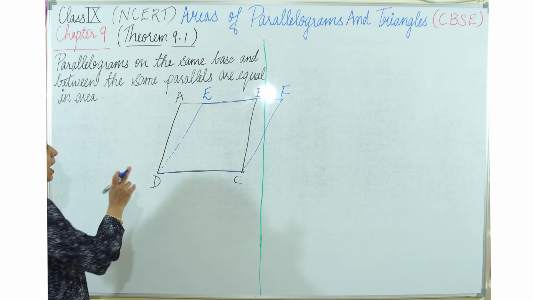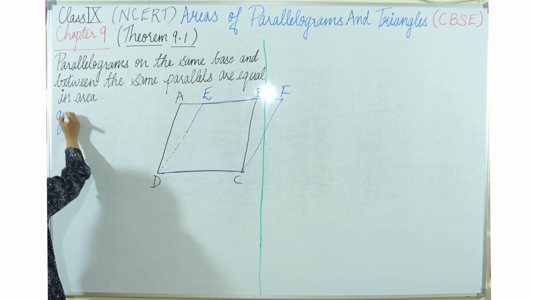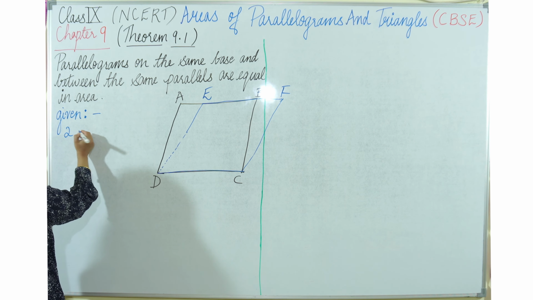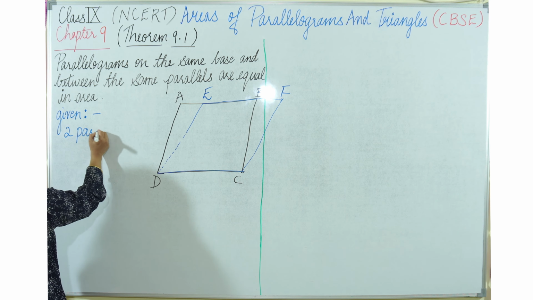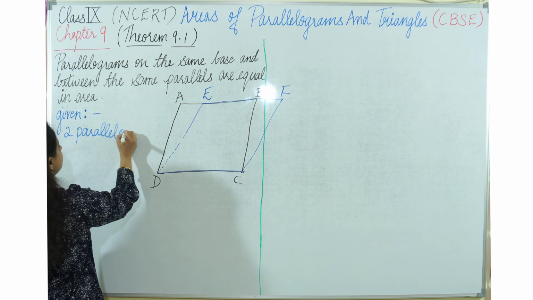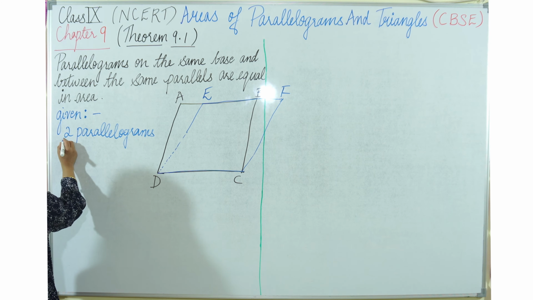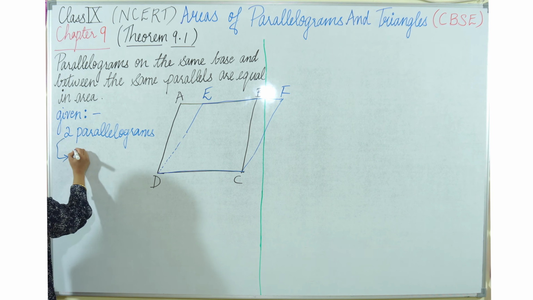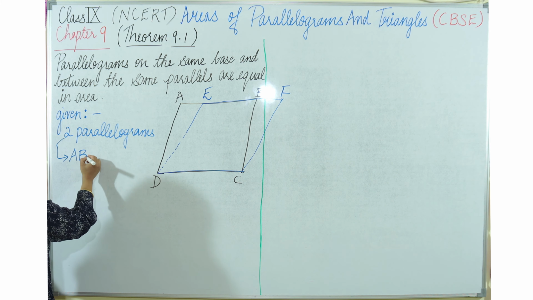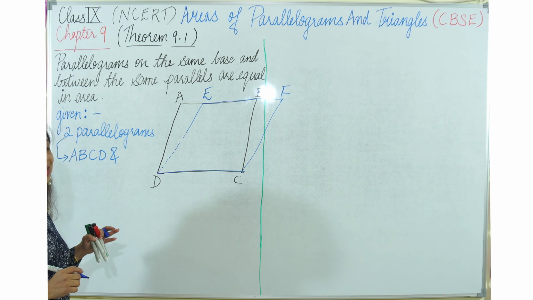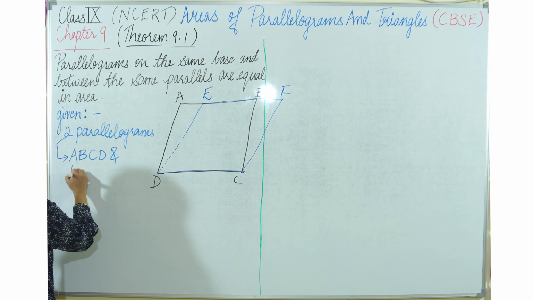Okay, so over here, we are given two parallelograms. One parallelogram is ABCD and another parallelogram is EFCD.